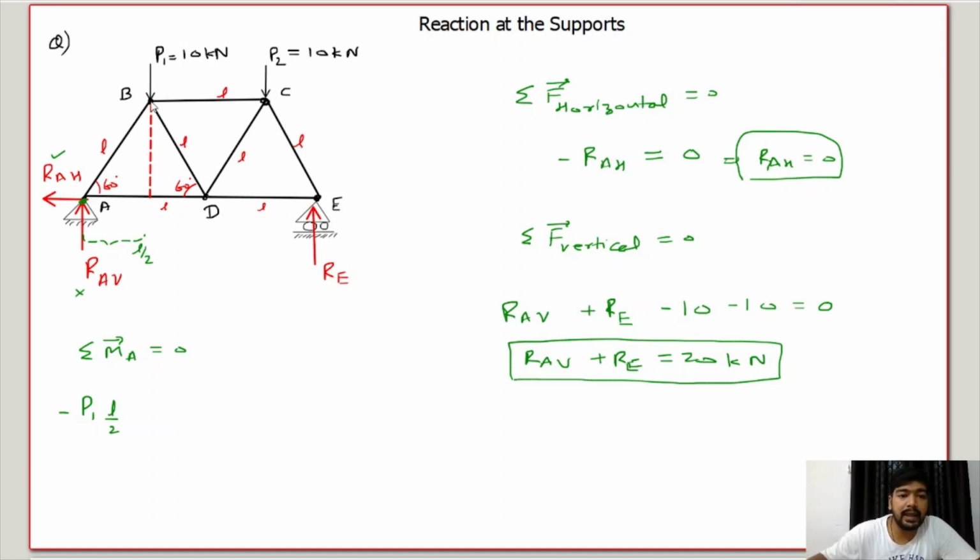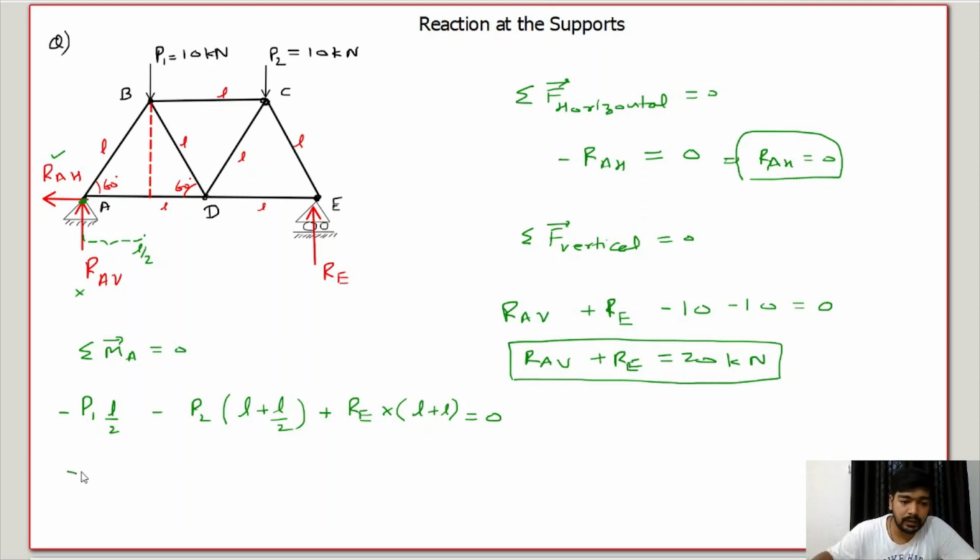P2 से आपकी ये एक तो एक लेंथ L होगी और एक L by 2 होगी जो perpendicular है P2 डायरेक्शन से, and it will also give the clockwise direction, so I'll take negative P2 into L plus L by 2, ठीक है, टोटल यहाँ से पड़ेगा ये, right। And last is RE, RE से कैसे आएगा moment? RE into L plus L, so this will be anti-clockwise, I'll take it positive, so RE into L plus L equals to 0, right?